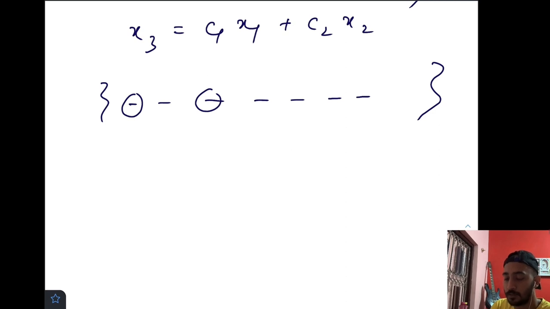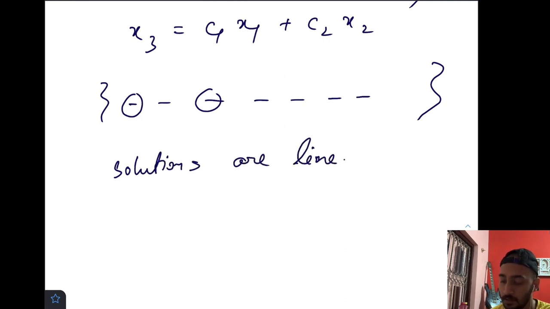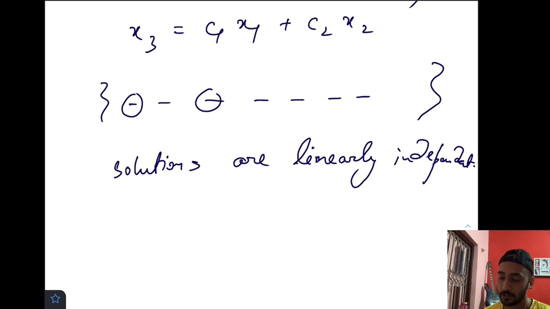Just like real numbers, if you take two real numbers and add them, the final result will also be a real number. And this is only possible because the solutions are linearly independent. So this was some basic mathematical stuff.